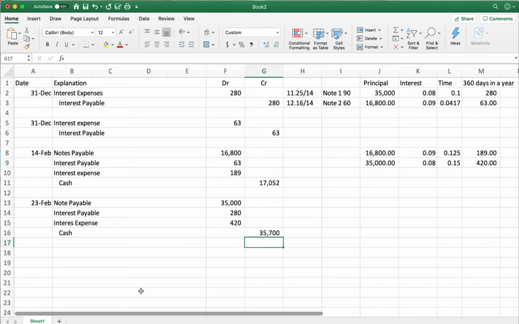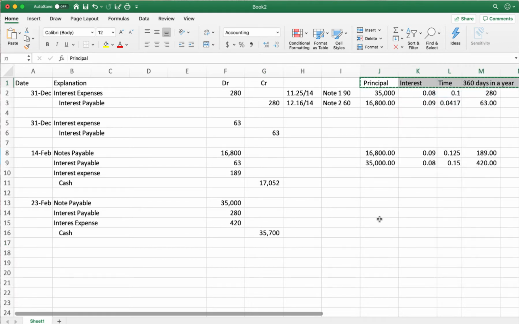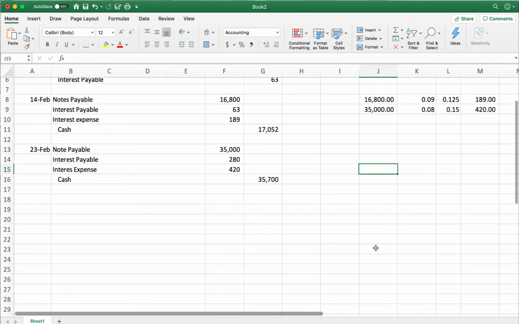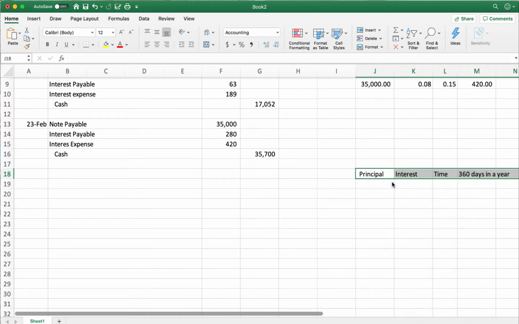Now, they tell us in C, prepare adjusting entries for interest at December 31st, 2015. Okay, no problem. So what did I do? Bear with me here for a second. Okay, so in 2015, I signed Note 3, right?